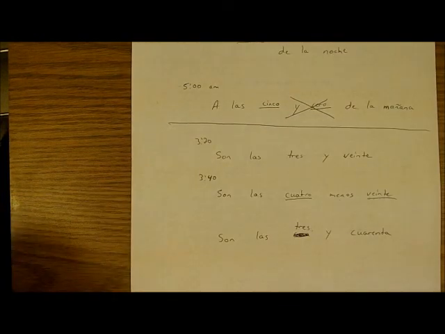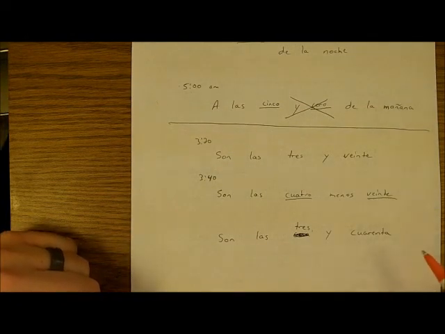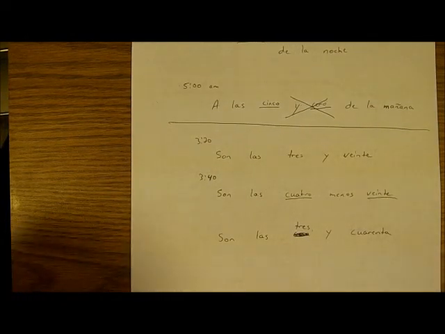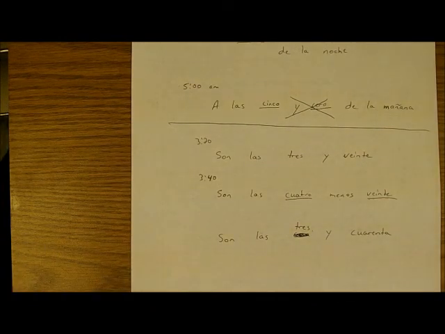It's more common with the younger generation coming up, but you can use that technically speaking. But the most common and the best way I've found so far in my experience is using "son las" for 0 to 30 and "faltan" for 31 to 60. And that is how you're going to tell time in Spanish.